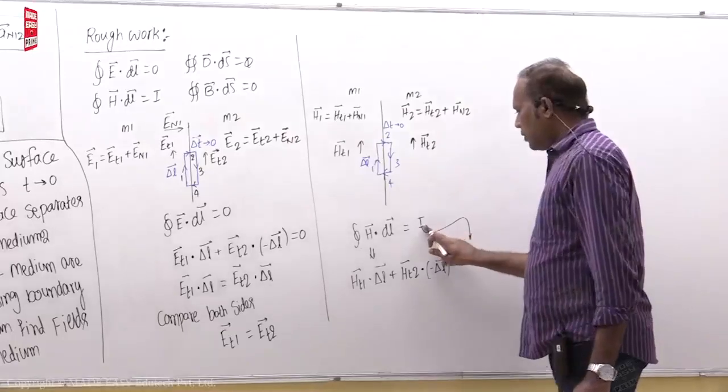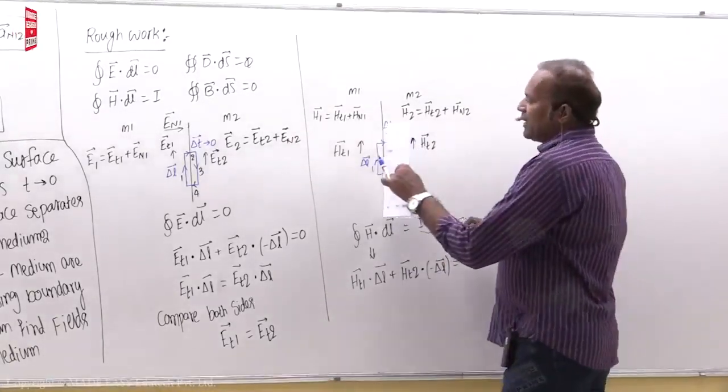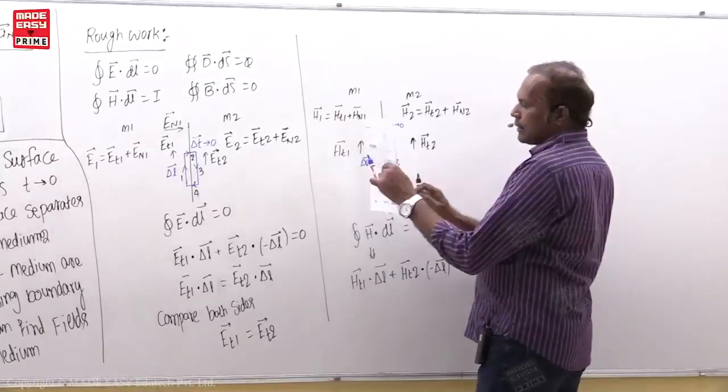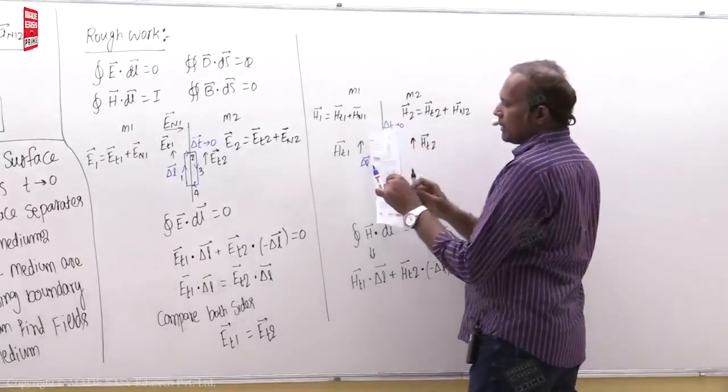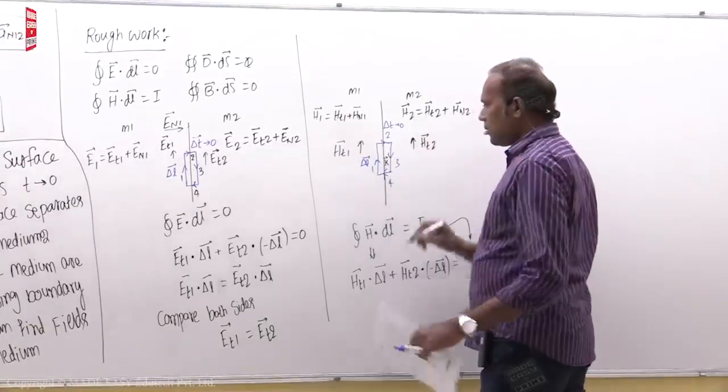Now what is this one? If you see carefully, on the surface like this, surface current density will be present. Already you know that surface current density is K bar.